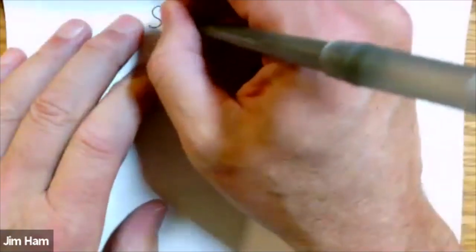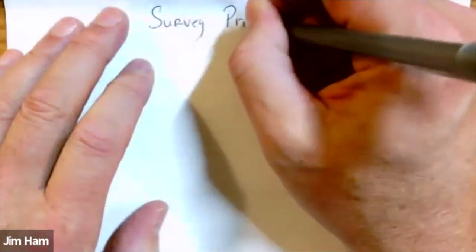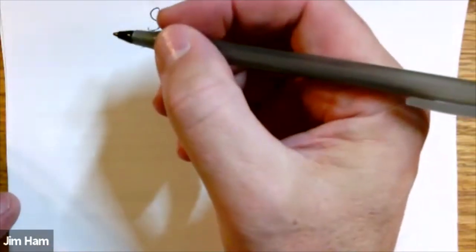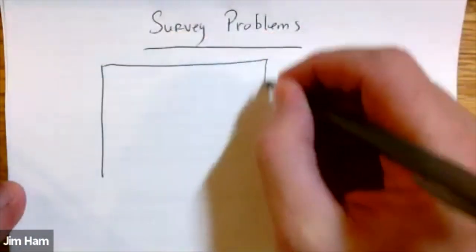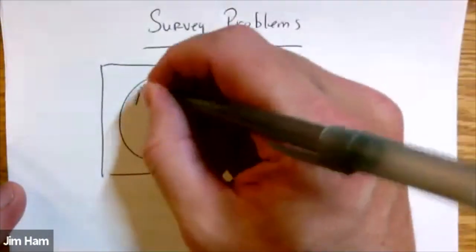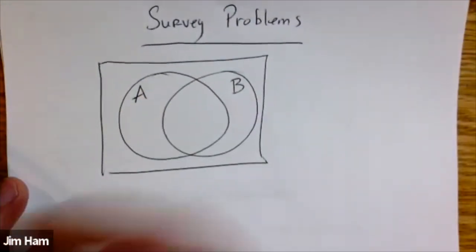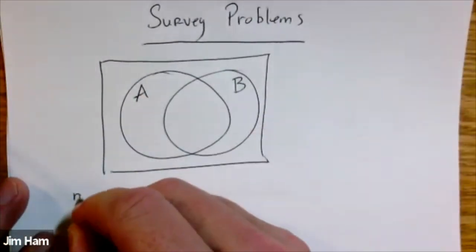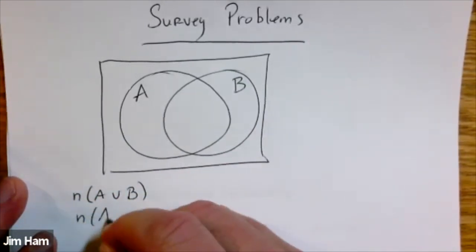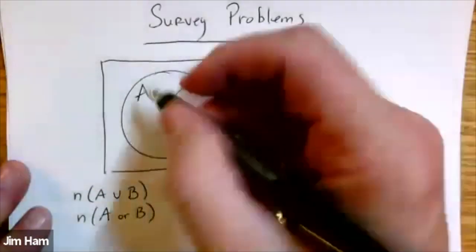All right, the other thing that you're going to see here is, in these, I'm not sure, these are part of survey problems. So you may have seen some survey problems before in courses that you've been in. And the survey problems are all based on the following result from a Venn diagram or from sets, however you want to think about it. You have a set A and a set B. And if you're interested to know about the number in A union B, sometimes we refer to that as A or B. And here's the region we're talking about.